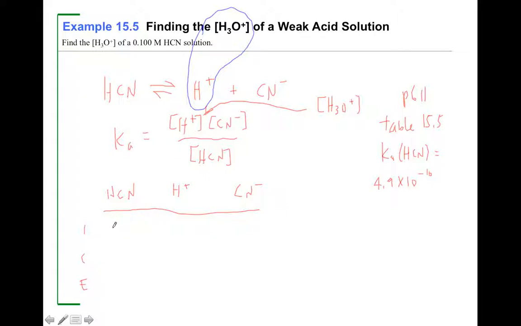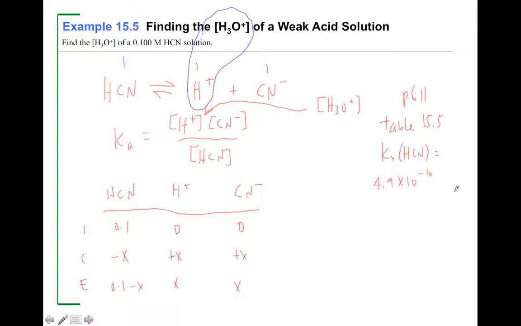We know that HCN starts out as 0.1, and the products start out as 0. And we know it's a 1-to-1-to-1 ratio, so this is going to be minus x, and these are going to be plus x and plus x. My equilibrium amounts are 0.1 minus x, x, and x.